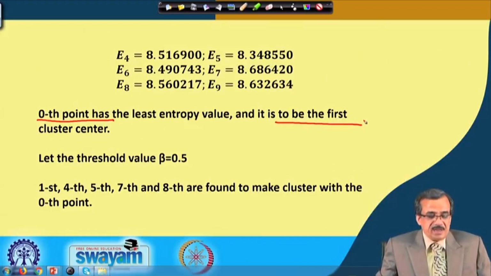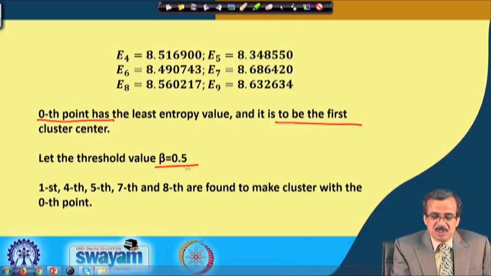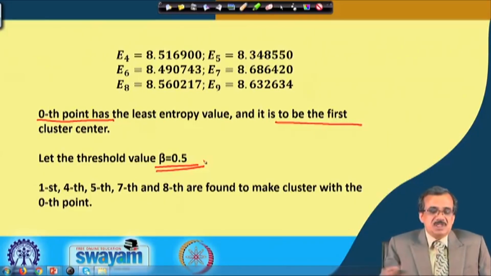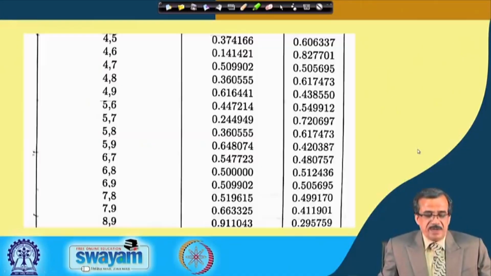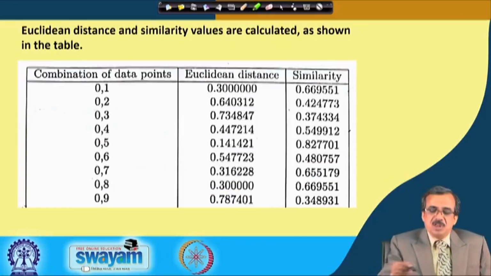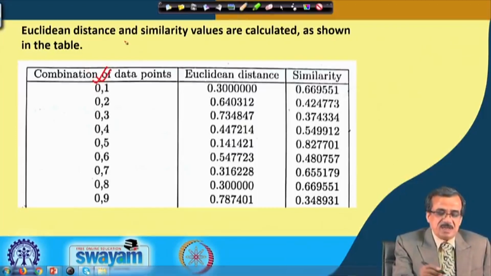And let me assume that the threshold value for the similarity, that is beta, is equal to 0.5. Now, if you just go back to the picture of the similarity, I can find out the first cluster.